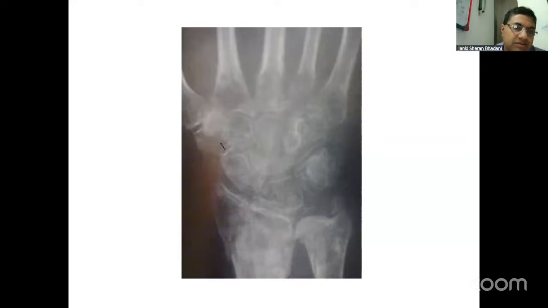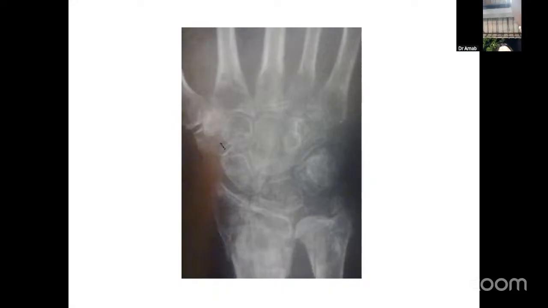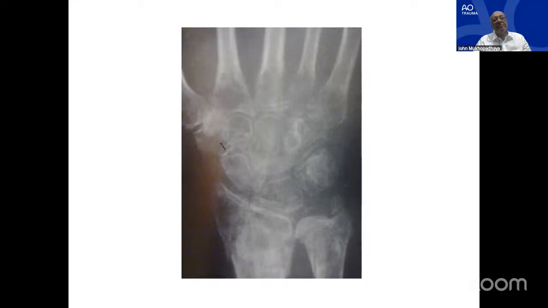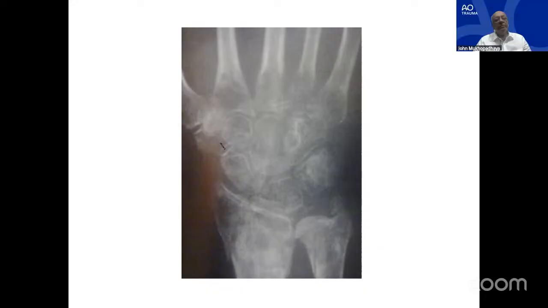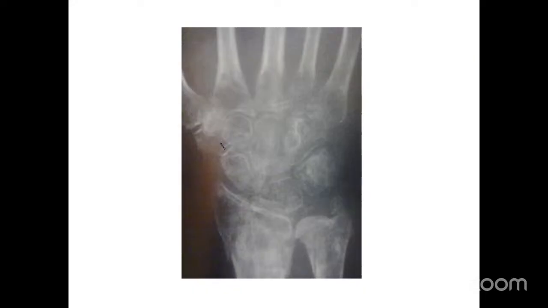Rajan, just tell what you're thinking after this much of history. Yes, Rajan? What do you see on the X-ray? So, X-ray left wrist AP view, and there are radial styloid and ulnar styloid fractures.